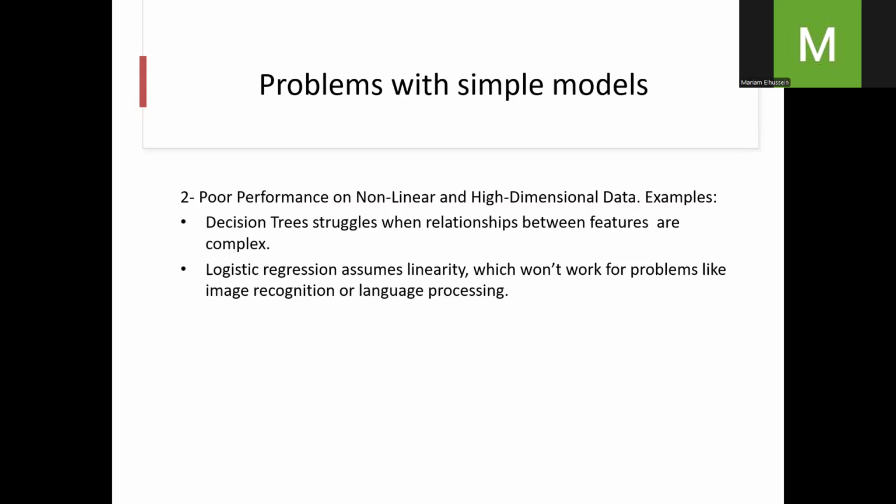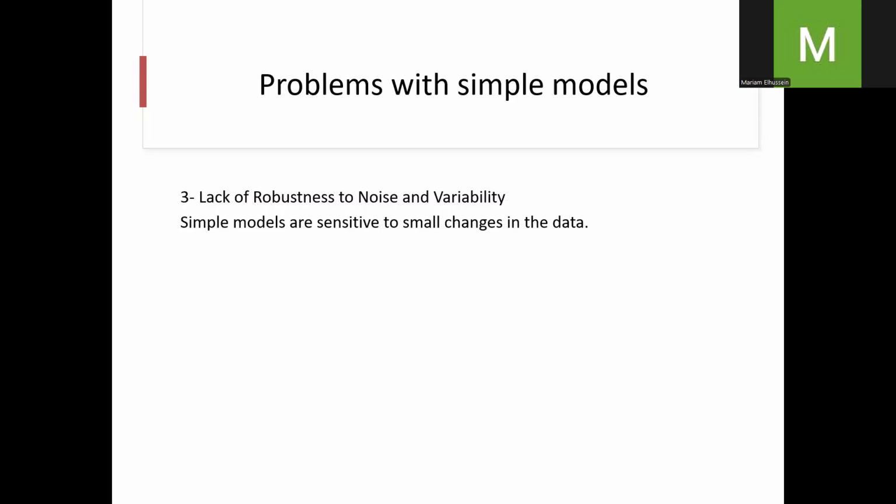Another example, logistic regression assumes that there is a linear relationship between attributes, and in this case it won't work in some applications such as image processing or language processing. A third problem is noise and data variability. Simple changes in the data would confuse a simple model and require a more robust model that can handle variability.